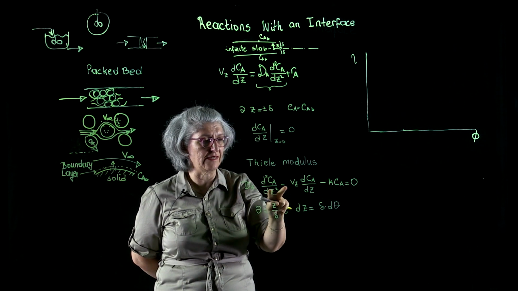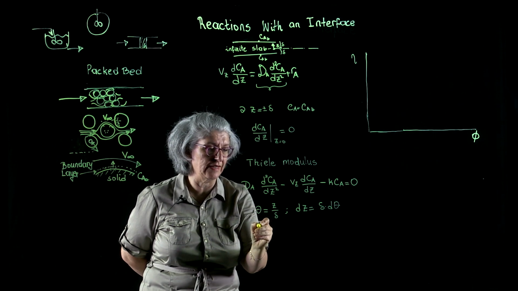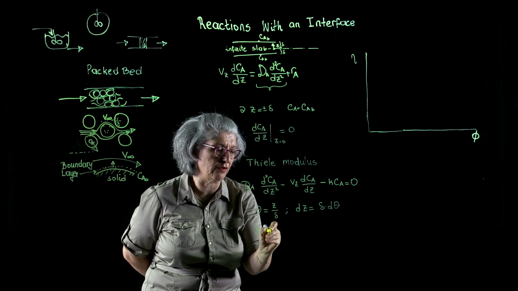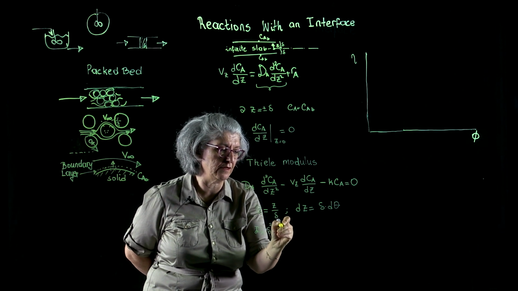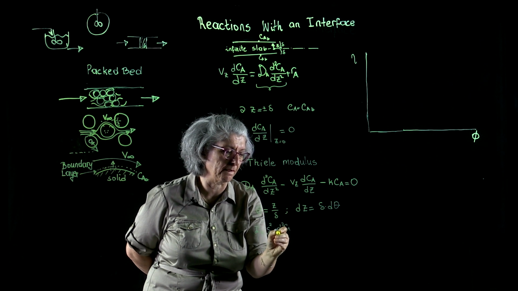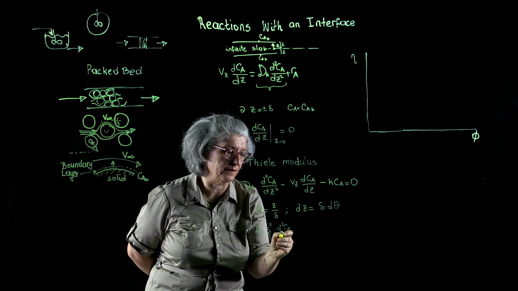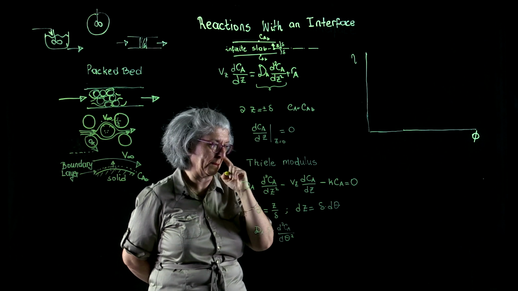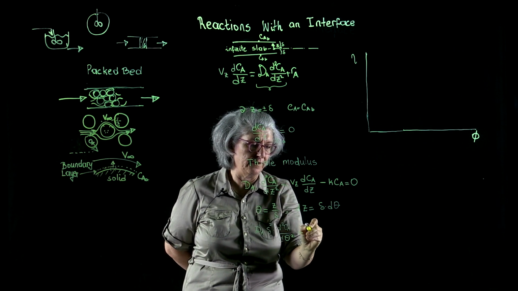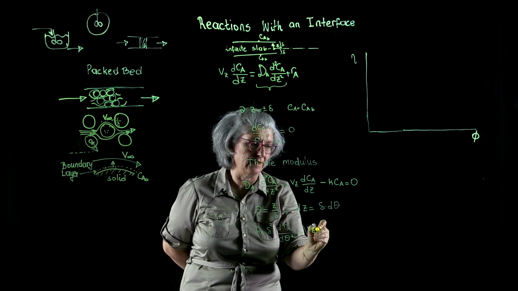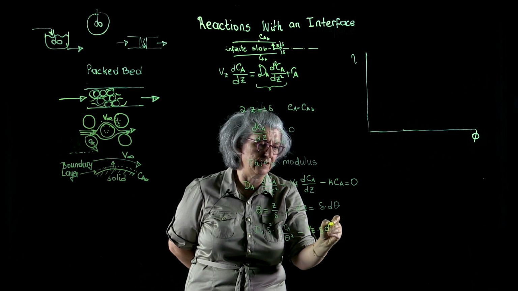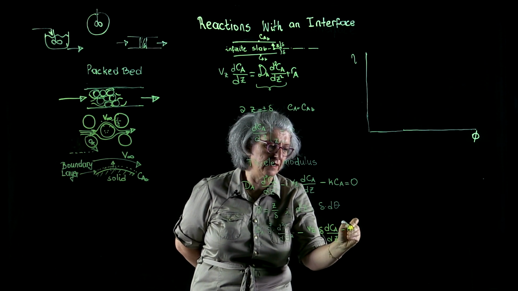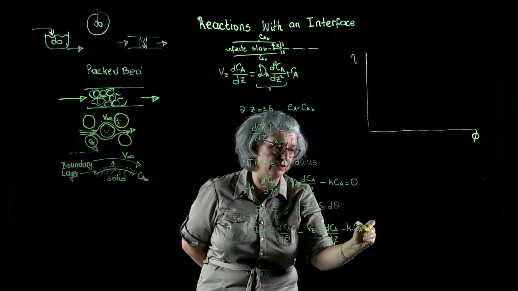And substituting that into this equation, we are going to get dA times delta square times d square Ca over d theta square, minus Vz times delta dCa over d theta, minus K times Ca to be equal to 0.